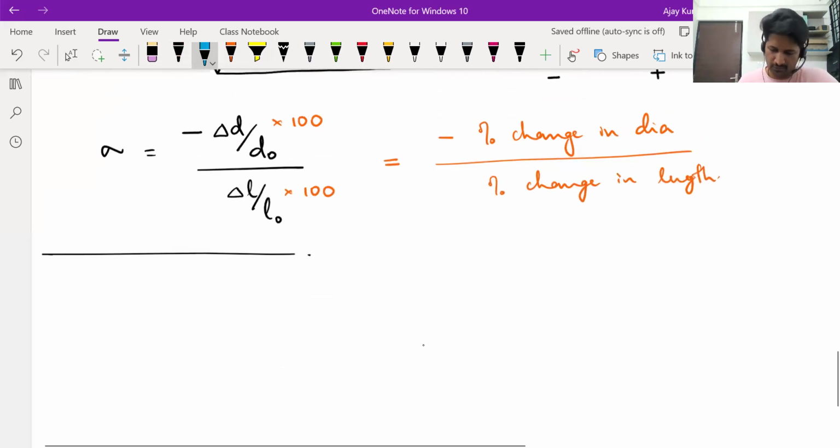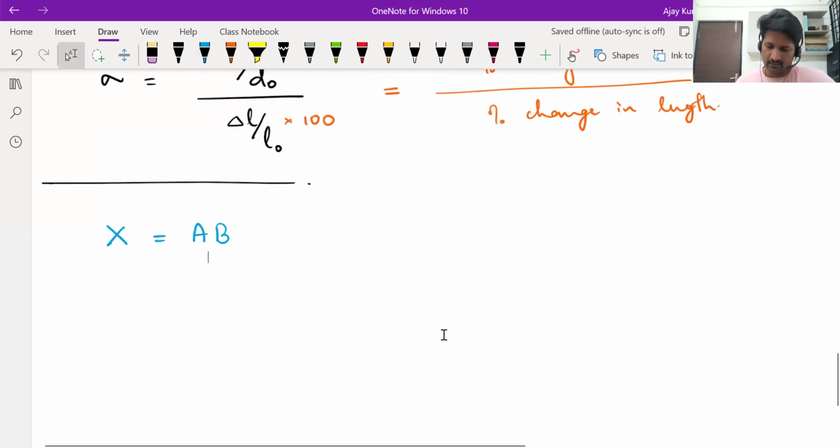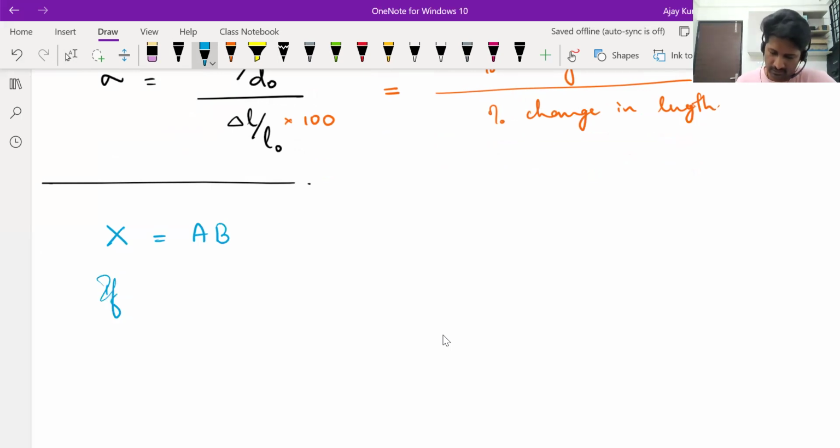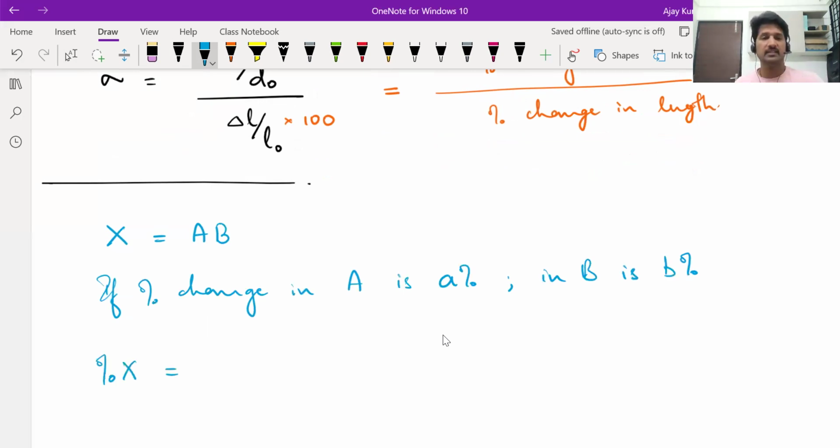Tell me, suppose you have x is equal to a multiplied with b. Okay, this is a product. If percentage change in a is small a percent and that in b is small b percent, how do you calculate or express percentage change in x?